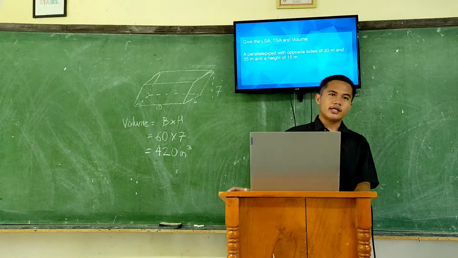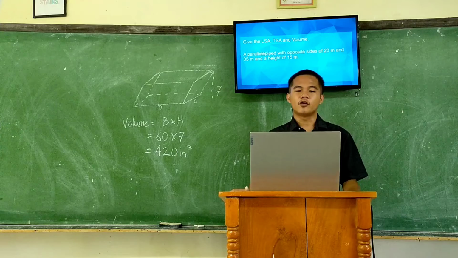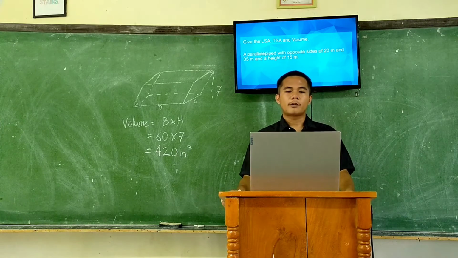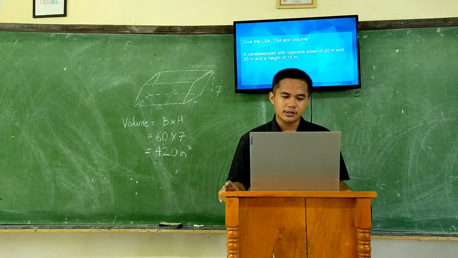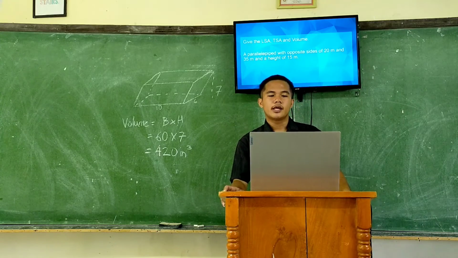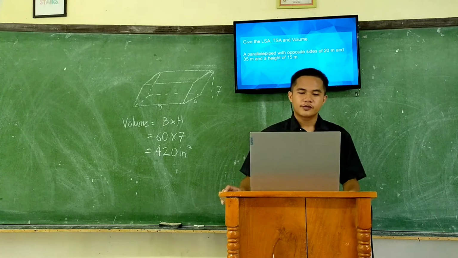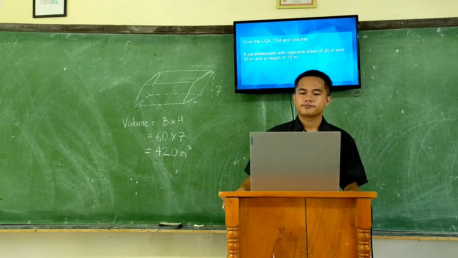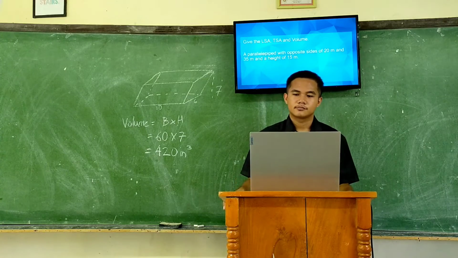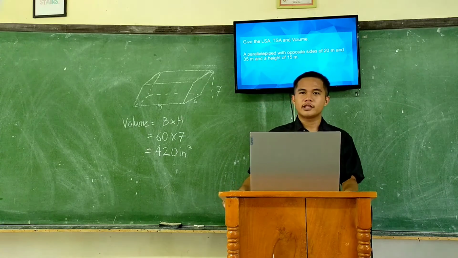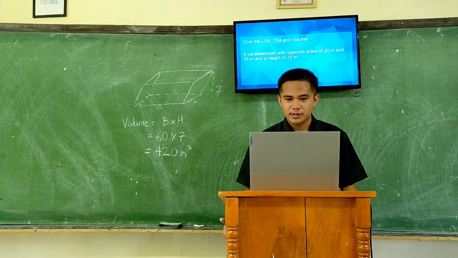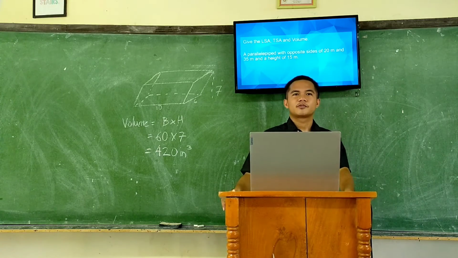Give the LSA, TSA, and volume of a parallel pipe with opposite sides of 20 meters and 35 meters and a height of 15 meters. So yan ang activity natin ngayon. Bibigyan ko lang naman ng 5 minutes.